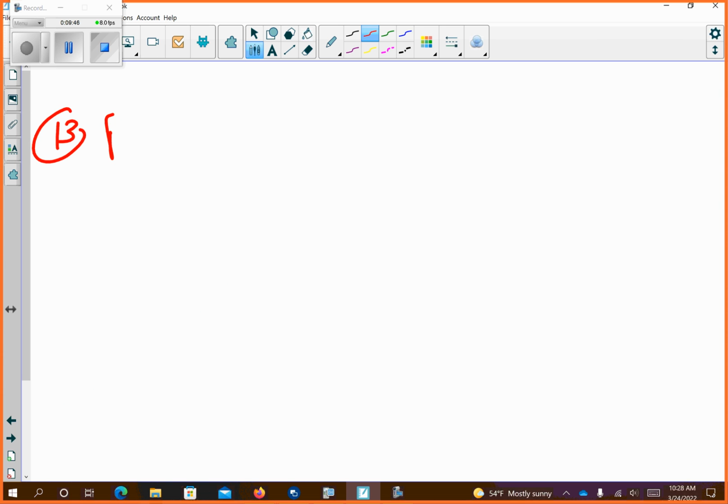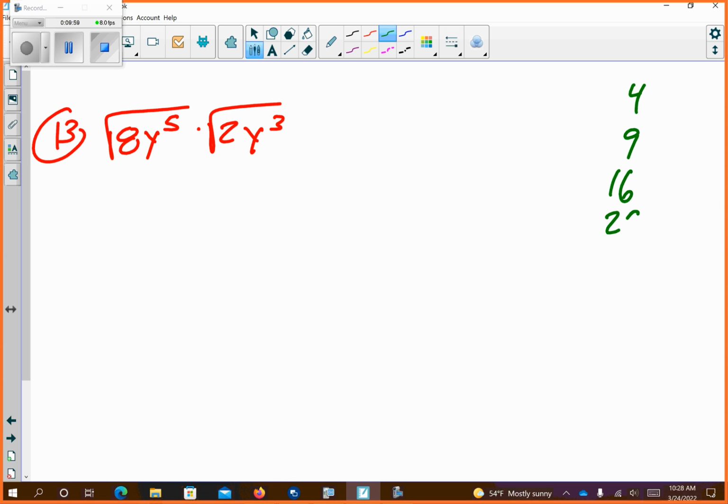Number 13, root x y to the 5th times root 2y to the 3rd. Let's list some perfect squares over here: 1, 4, 9, 16, 25, 36. I don't know how much we need. Would it make sense to combine the 8 and the 2 together right now?